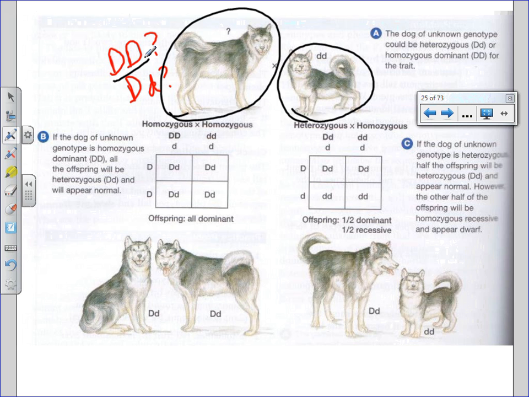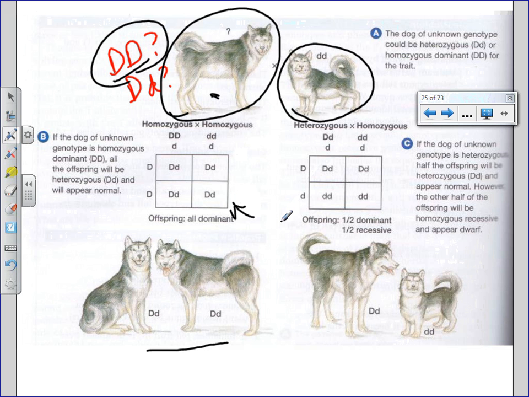Okay, so in order to figure out which this particular dog is, they would purposefully mate that dog with a dwarf dog, one that's homozygous recessive, and they look at the babies. If all of the babies are tall, then they'd know that that parent must have been big D, big D. You can look at what's expected.